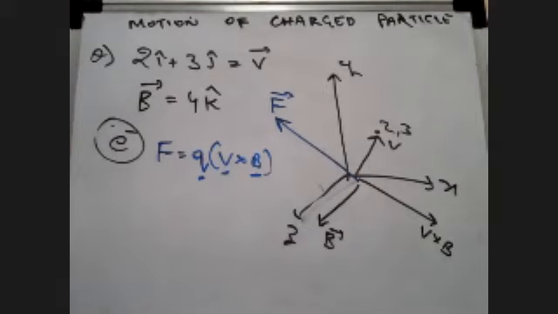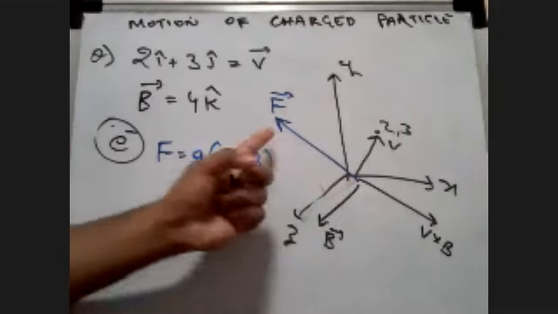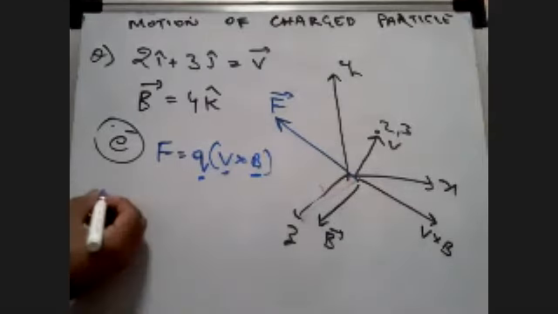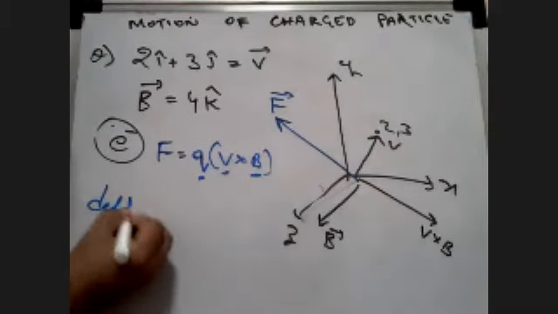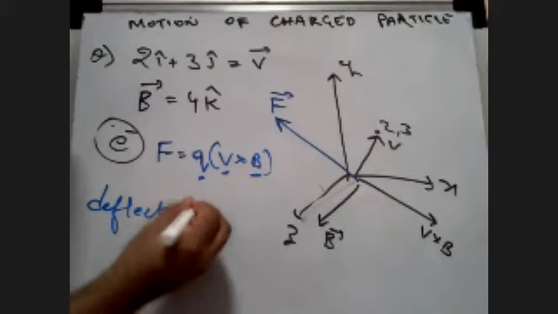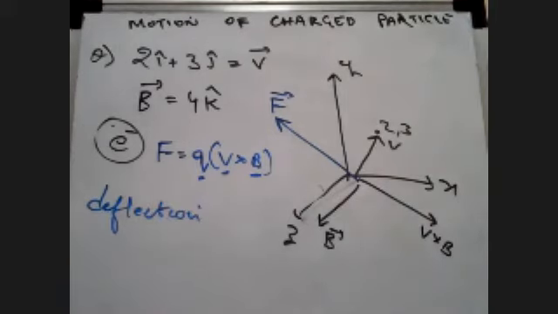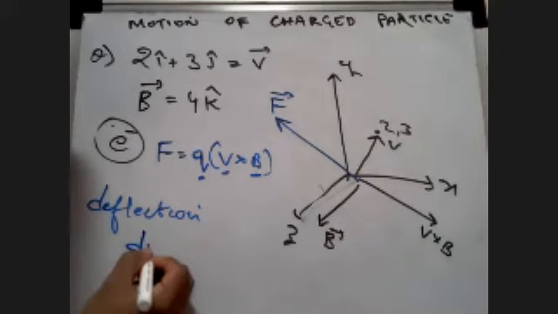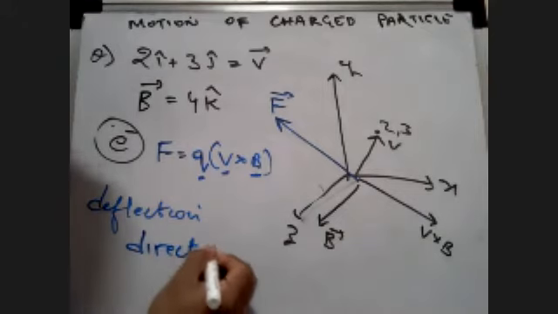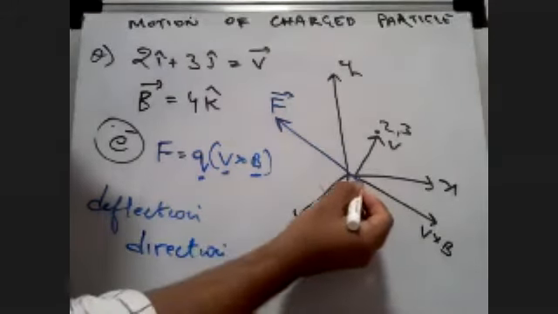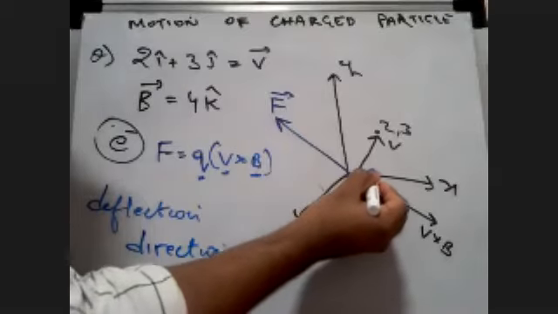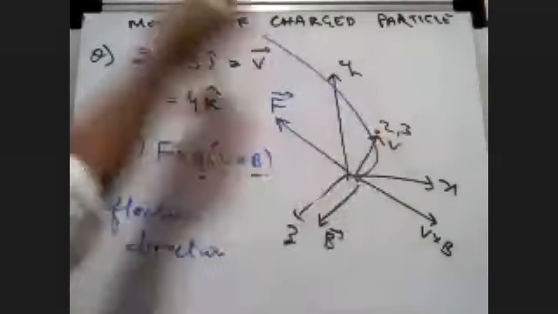Will the speed of the particle change? The particle is having a force in some direction, so obviously there will be some deflection. Basically your answer should be that the direction will change. Your charge was going like this, but because of the force, it went like this.